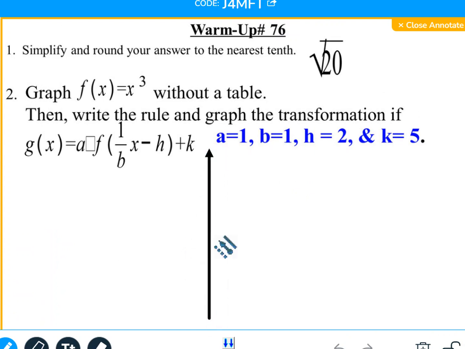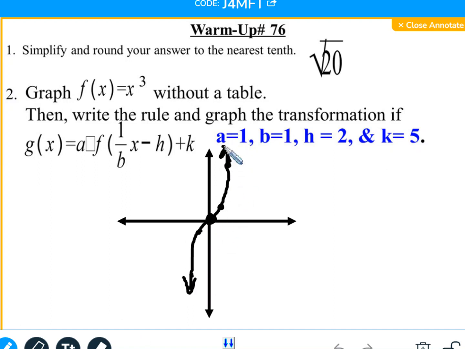Here's my coordinate plane. All right. So then my parent function is at 0, 0, 1, 1, 2, 8, negative 1, negative 1, negative 2, negative 8, sorry. And it looks like this. So far so good, yes?